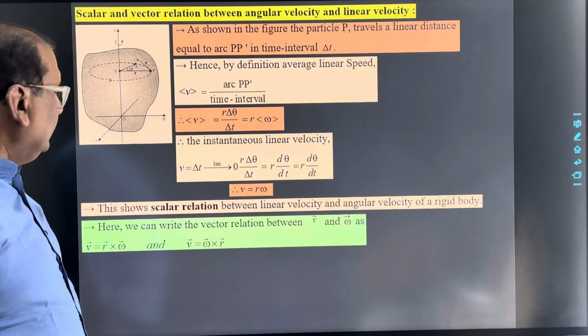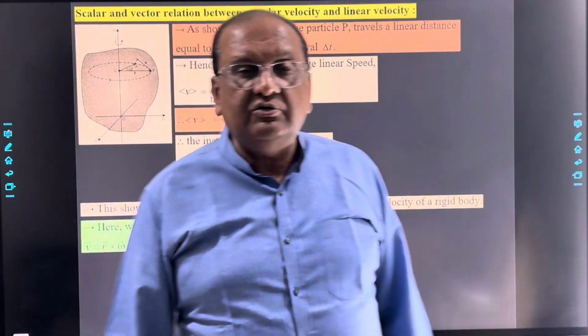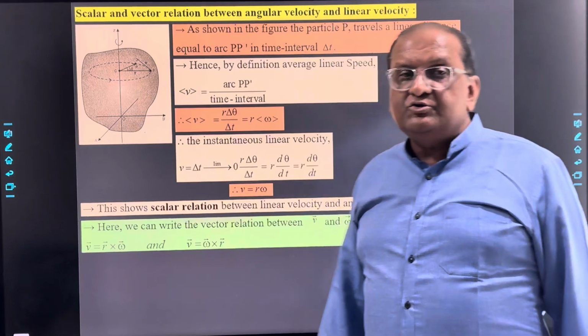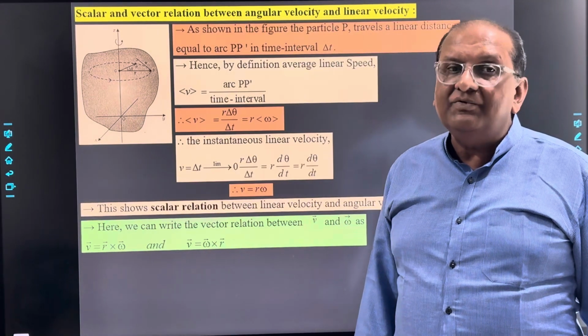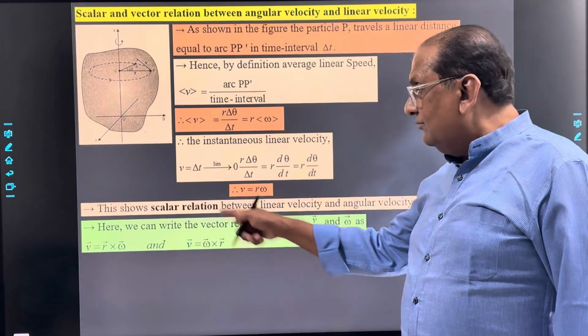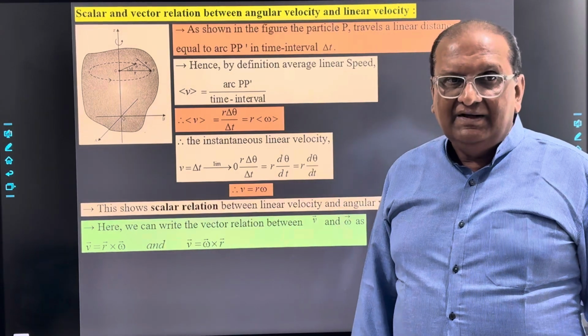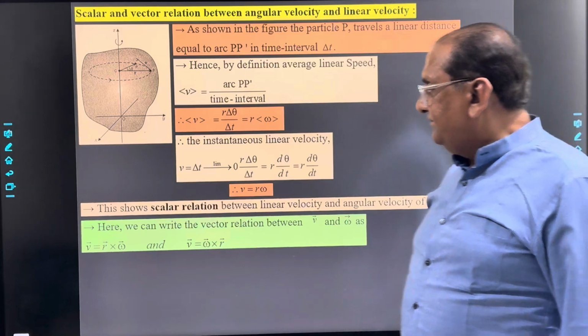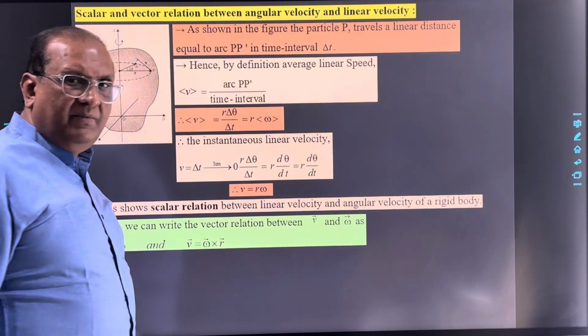But we know that r cross omega and omega cross r are equal in magnitude but not in direction. Directions are opposite. It implies that both relationships are not true. So which one is the true one? Let's think about v equal to r cross omega.